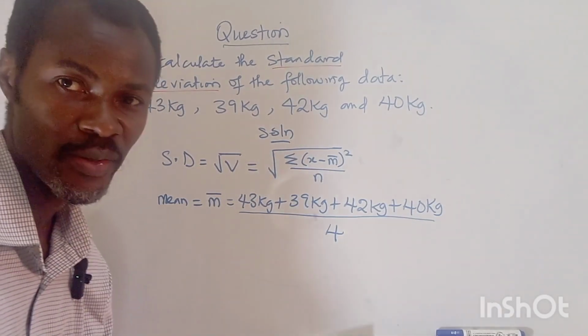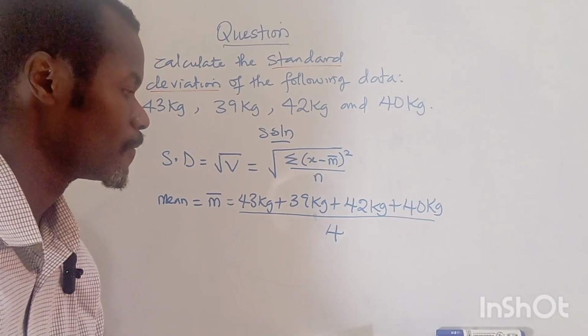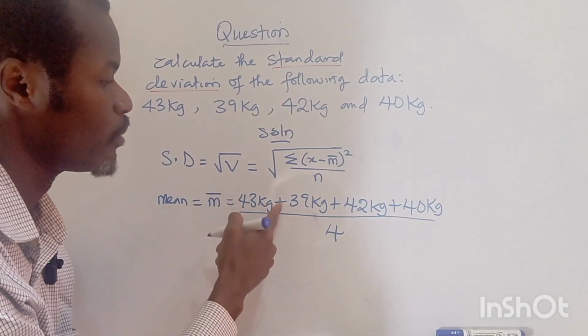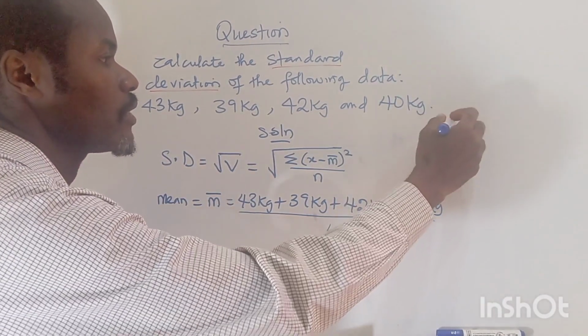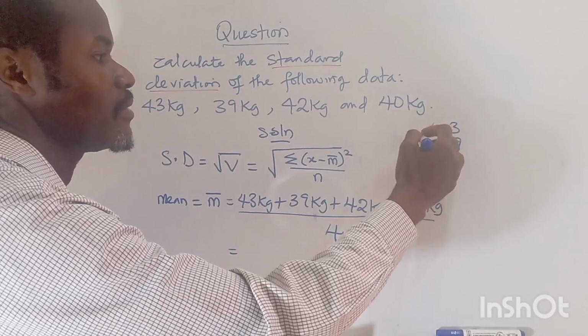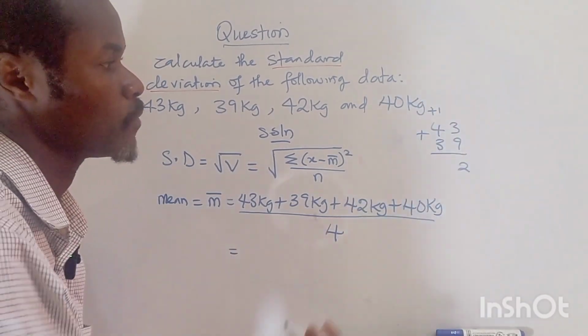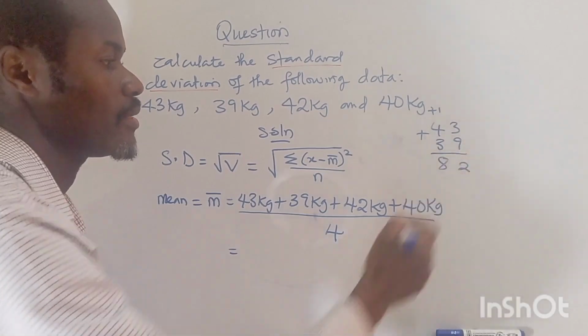So let's add up all this and see what we are going to get. Now we have 43 plus 39. This gives 12, so we carry 1. 1 plus 4 is 5, 5 plus 3 is 8.